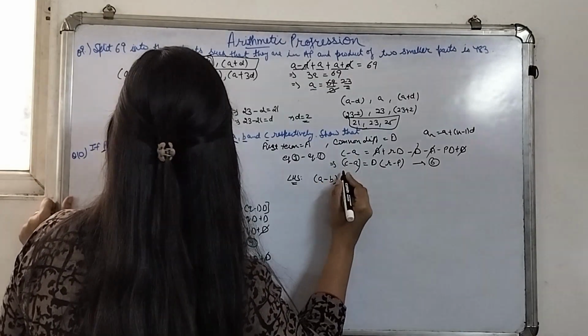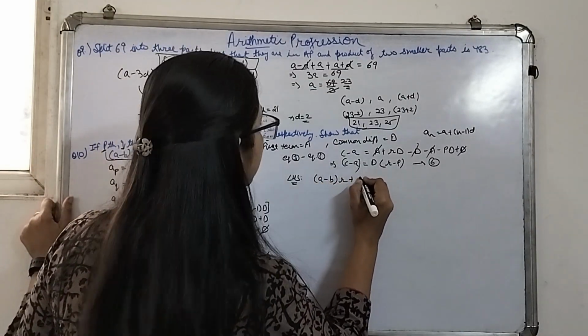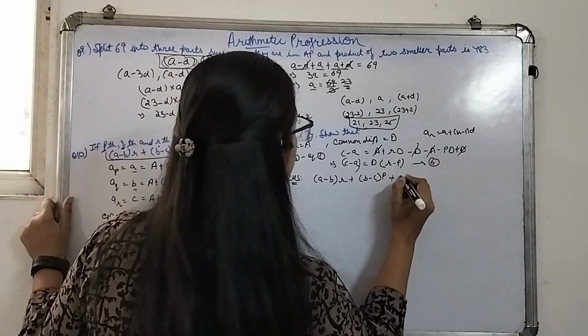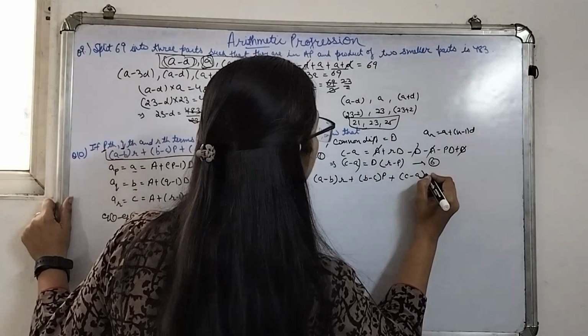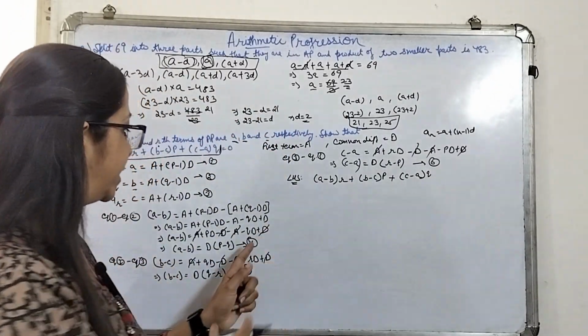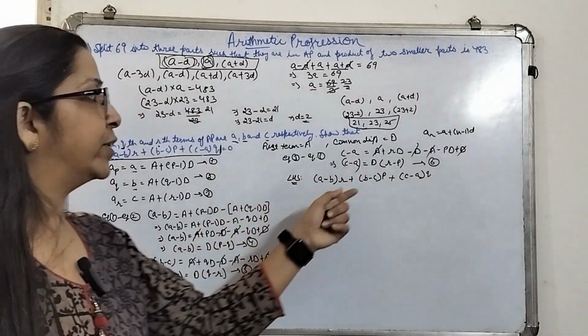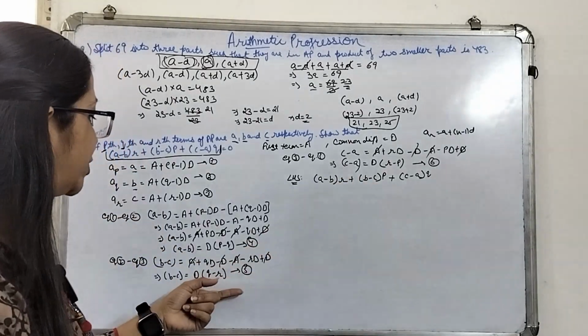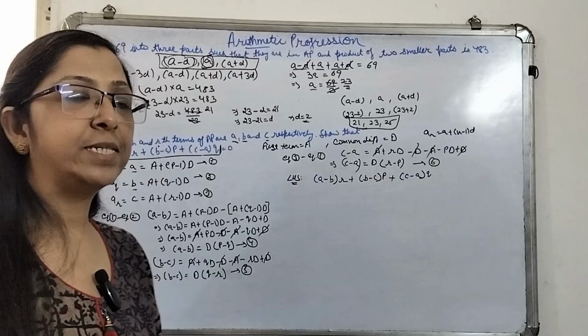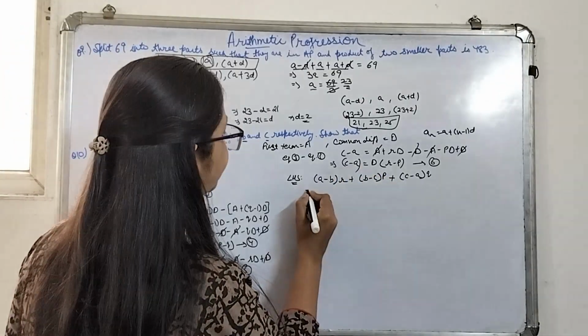A minus B into R plus B minus C into P plus C minus A into Q. This is the LHS part. Now we are having the value of A minus B from equation number 4, the value of B minus C from equation number 5, and the value of C minus A from equation number 6. So we will be keeping them over here.